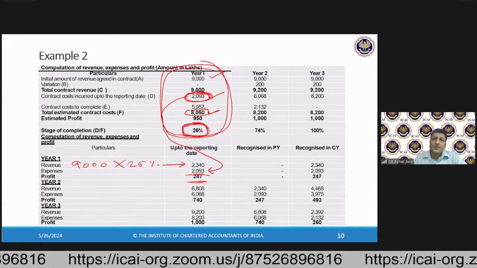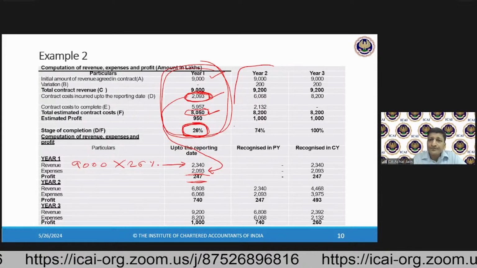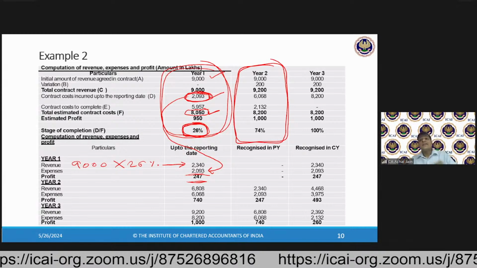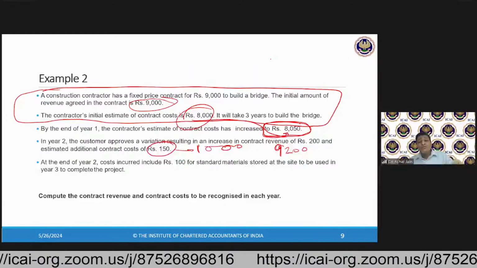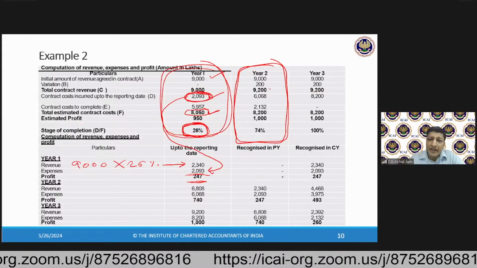Clear on this? Now, let's move on to year two. In year two, the amount of revenue has gone up. Now it is not 9,000. This has become 9,200.